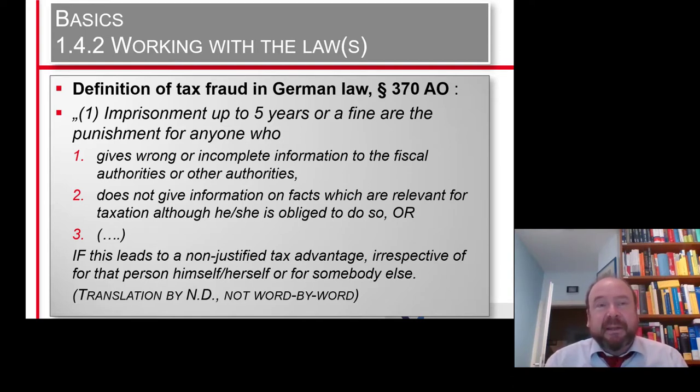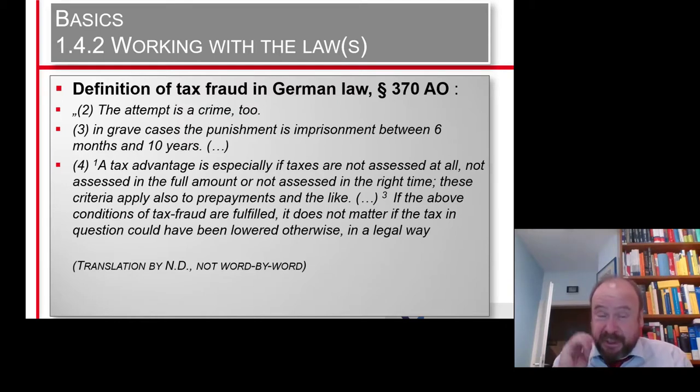So giving wrong information to the fiscal authorities is even a crime if you don't lie in your own interest but just want to help somebody else. That makes sense, because otherwise we all would lie to help others, and so nobody would pay the correct tax.